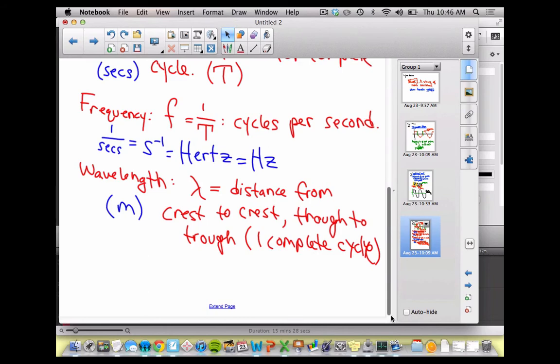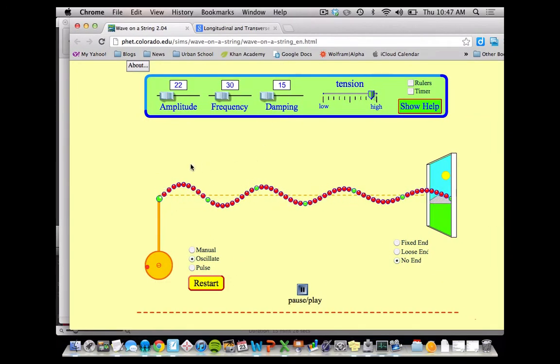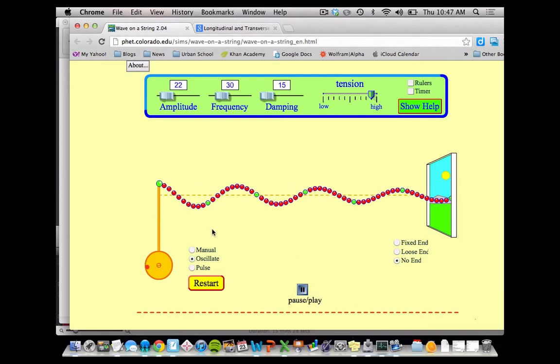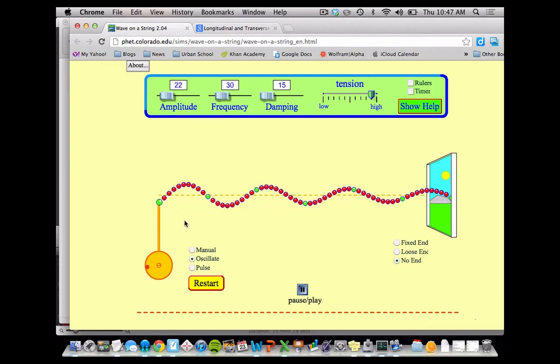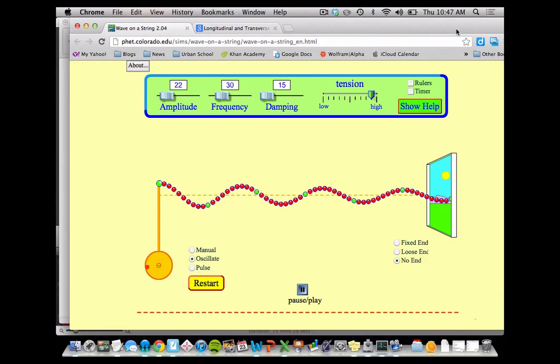Finally, we have something called the wave's velocity. And the velocity we're talking about here is the velocity of the actual wave itself as it propagates from left to right. So not the velocity of the individual particles that are going up and down, but the velocity of the wave as it moves from the gear towards the window.